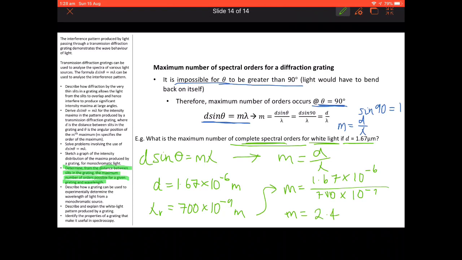So therefore 2 complete spectral orders occur. So this is 2 spectral orders that are observed either side of the central maximum.